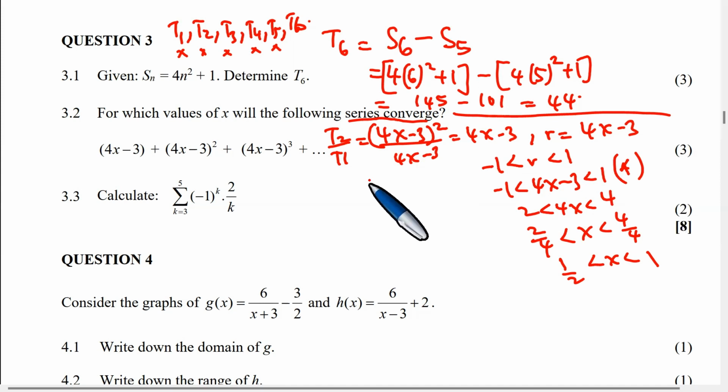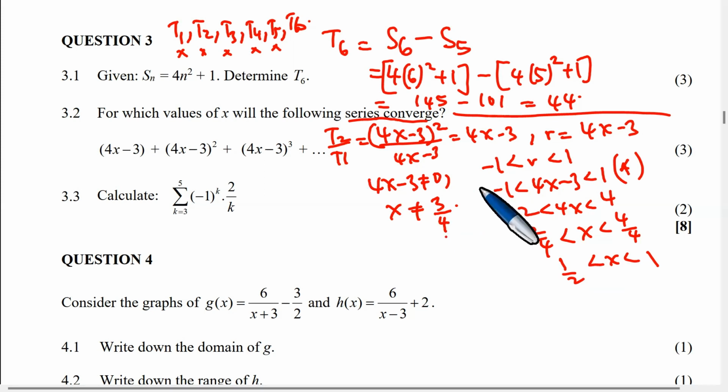We would require that 4x - 3 be not 0, because it might be 0 for some values of x. We don't want this to become 0 when it comes to these sequences and series. If you solve for x, you transpose the 3, it becomes positive, and you divide by 4. So x cannot be 3/4.